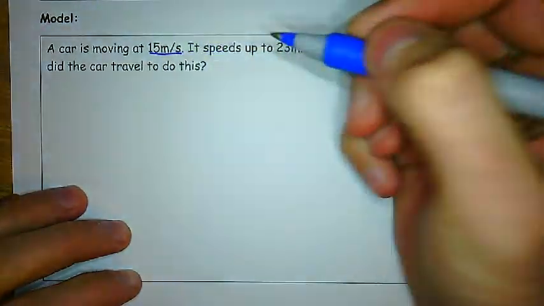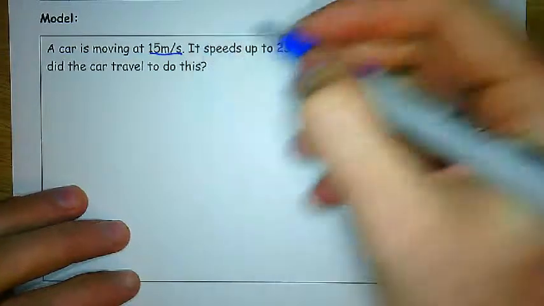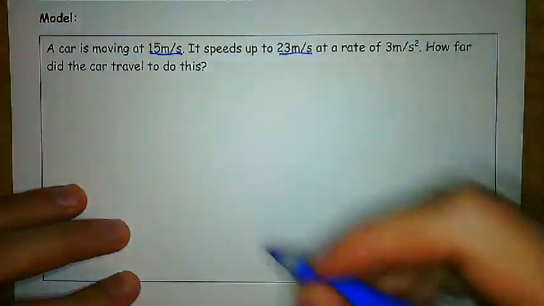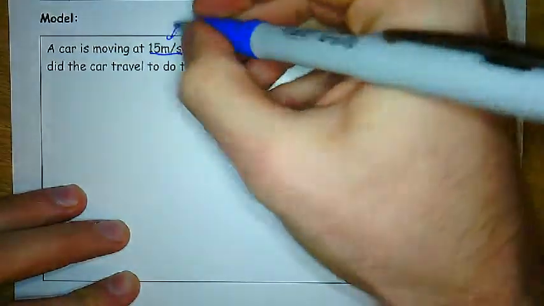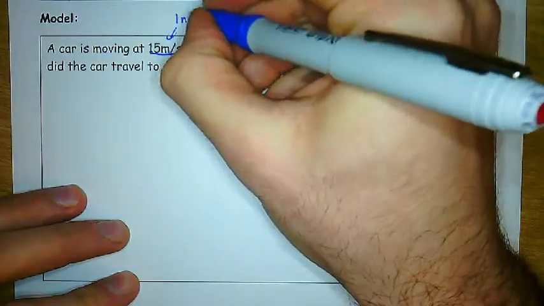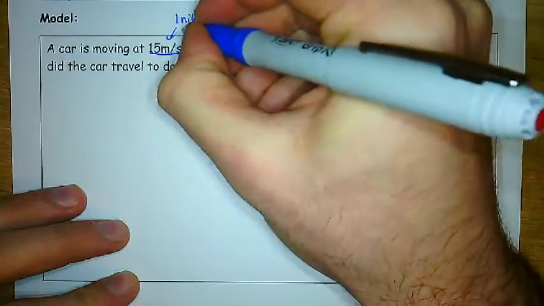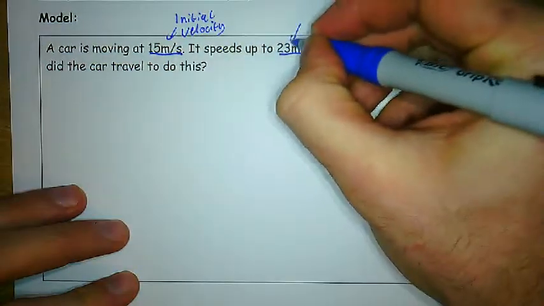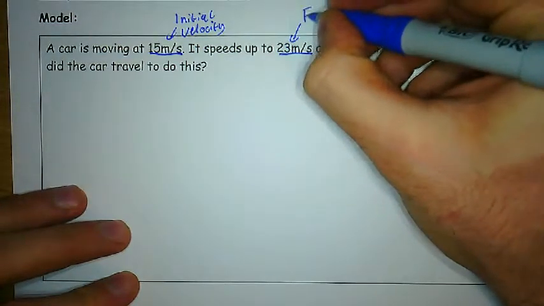Okay. So we've got there, it is moving at 15 meters per second, it speeds up to 23 meters per second. So that there is your initial velocity, and that 23 is your final velocity.